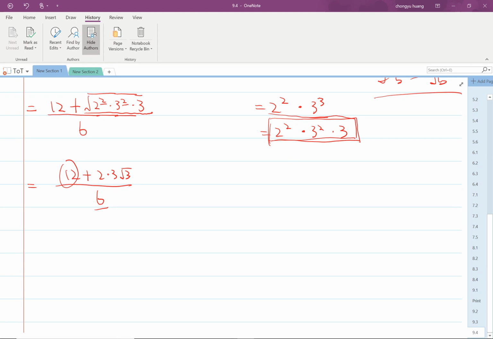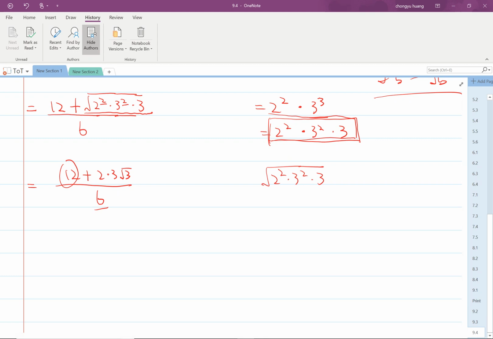We can get rid of the square root of those. Okay, so let me show you a little bit of detail how you do it over here. Let me show you guys why you can do that.